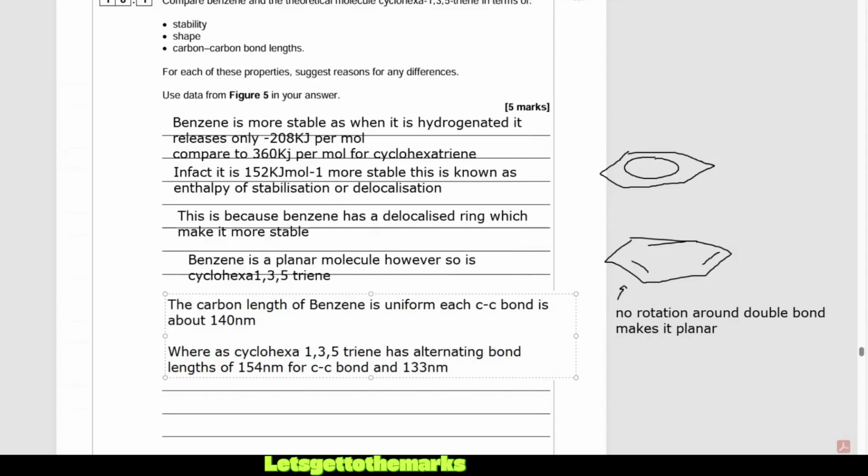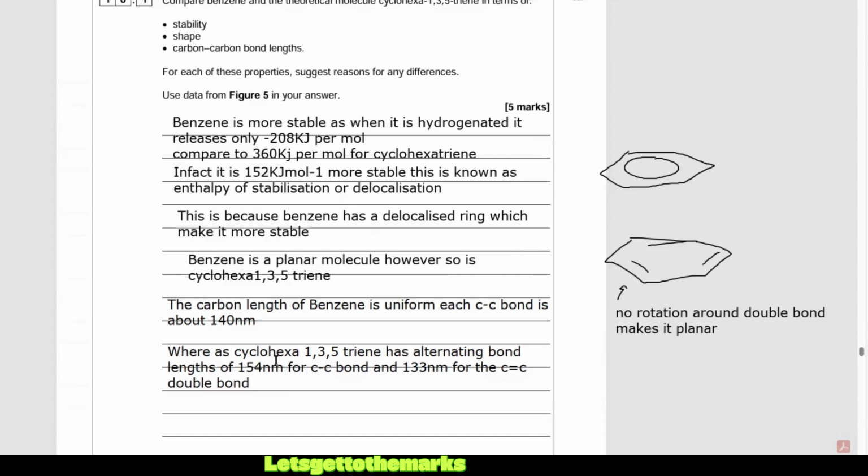So what we would expect with cyclohexatriene is that it would have irregular bond lengths. It would go 154, 133, 154, 133. When we look at benzene, all of its bond lengths are equal. They're 140. So it has regular bond length. And that is going to get us all 5 marks. Nice. Right, let's move on to the rest of the question.